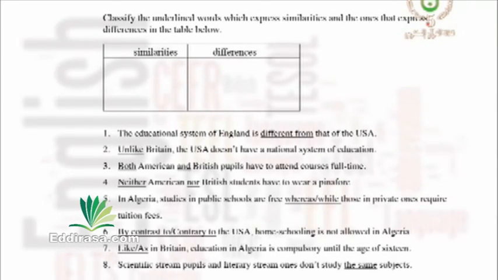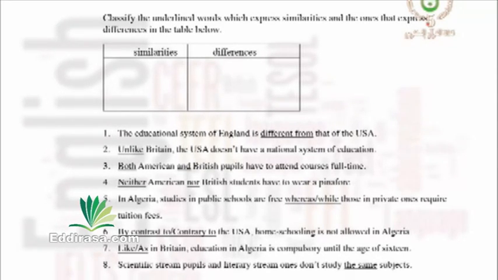Neither American nor British students have to wear a pinafore. Sentence 5. In Algeria, studies in public schools are free, whereas or while those in private ones require tuition fees. Sentence 6. By contrast to or contrary to the USA, homeschooling is not allowed in Algeria.